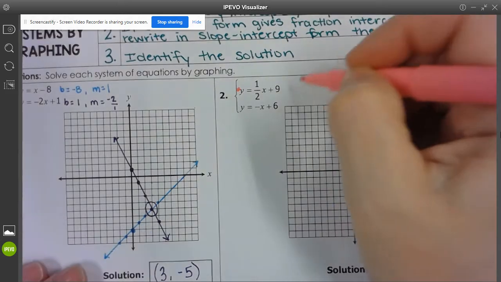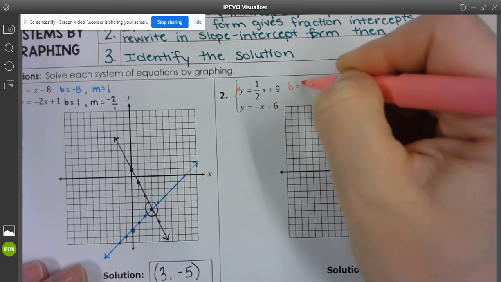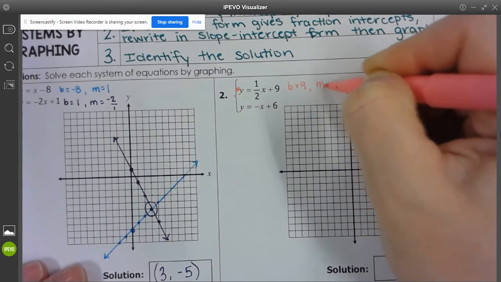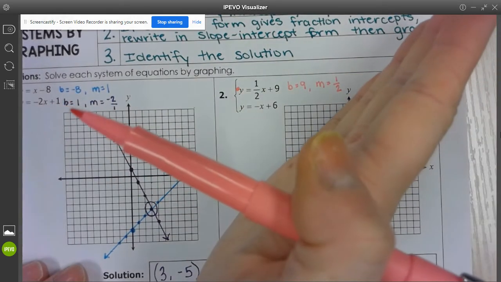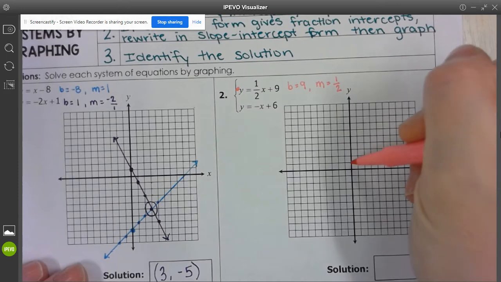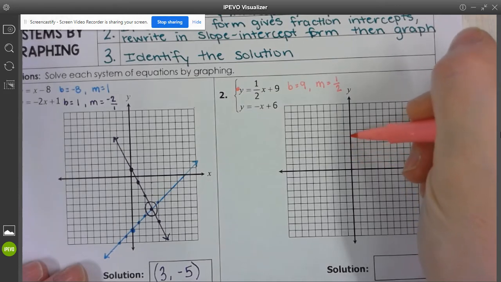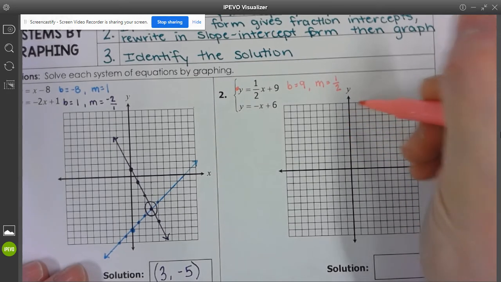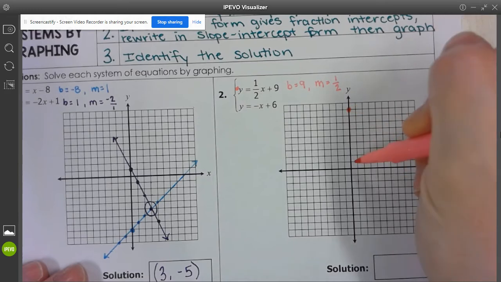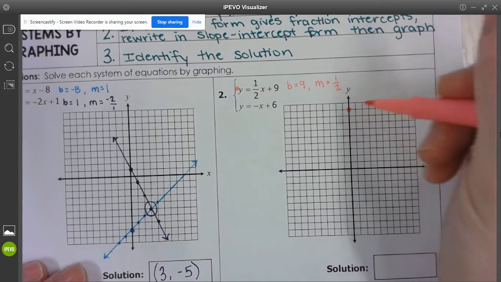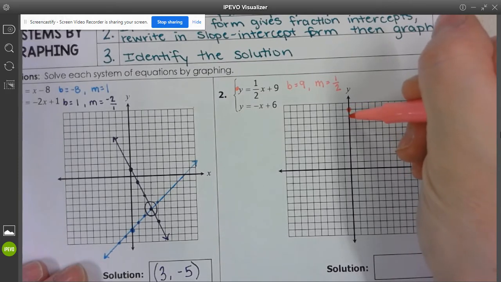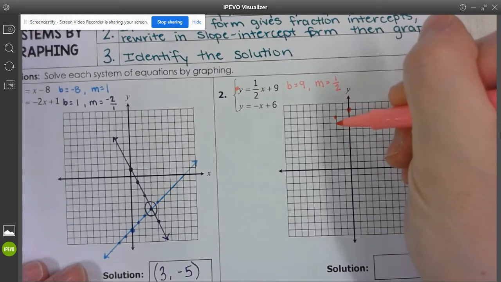So my b value is 9. My m value, or my slope, is 1/2. It's positive, so it's going this way. So 1, 2, 3, 4, 5, 6, 7, 8, 9. Let me just double check. 4, 5, 6, 7, 8, 9. Okay, yep. And then down 1 and over 2.